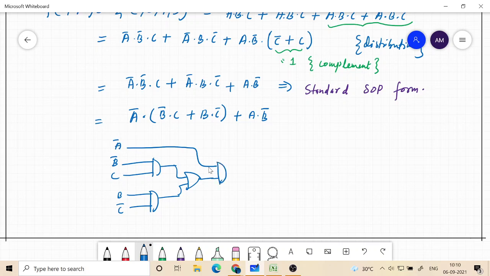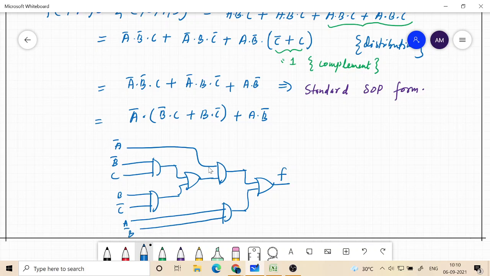I need to take the AND gate, that, and then I have a and b bar. From that I use another AND gate here, and then this has to give to OR gate. Okay, so this is my f.